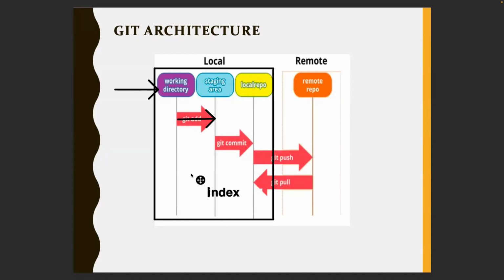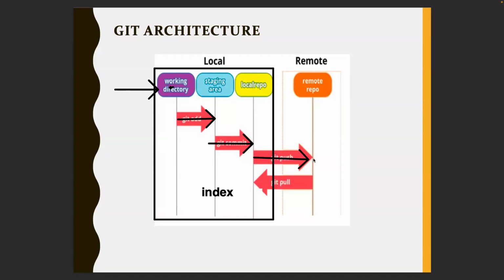You cannot directly move your changes from the working directory to local. No, this is not possible. First you have to move them to the staging area. It's like a preview or a pre-check before your changes go to local. From the staging area, changes go into the local repository.